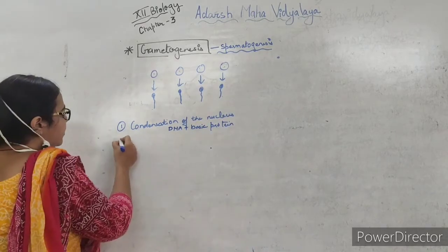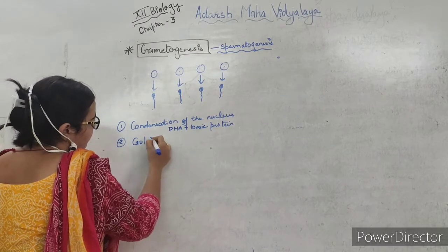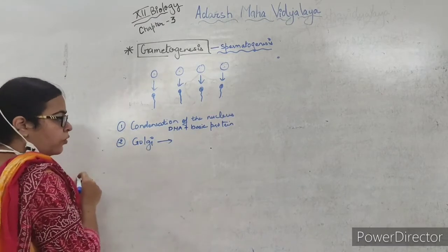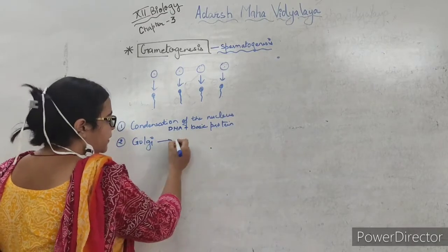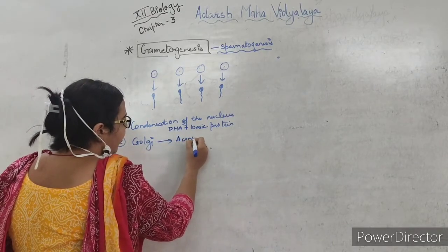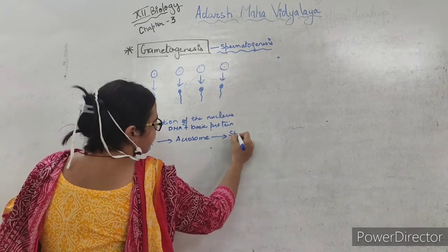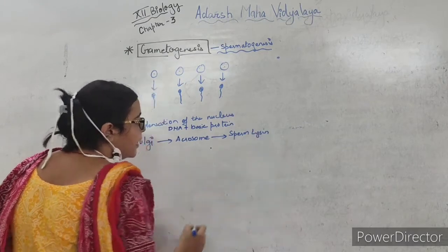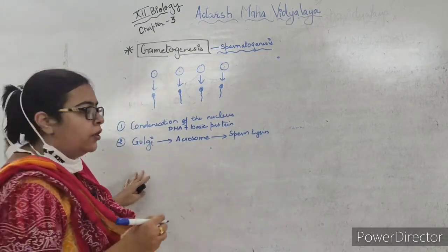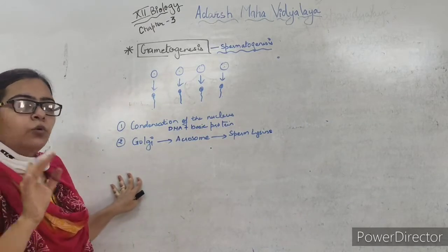The second is the Golgi. The major part of this Golgi will be present in the acrosome, and it will help in formation of the sperm lysins, that is the enzymes which will be responsible for the degradation of the outer layer of the ovum.